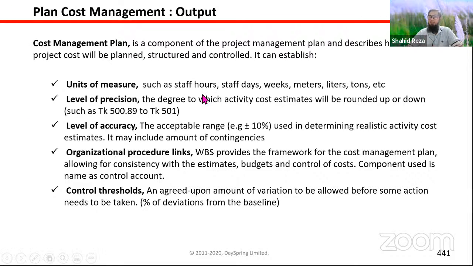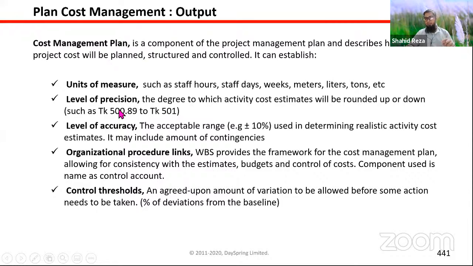So how will we pay them, hourly or daily or weekly or monthly? That thing you have to set in the cost management plan. Then if you use physical materials, there are different kinds of measurement methods, like meter, liter. So that you need to plan here in the cost management plan.